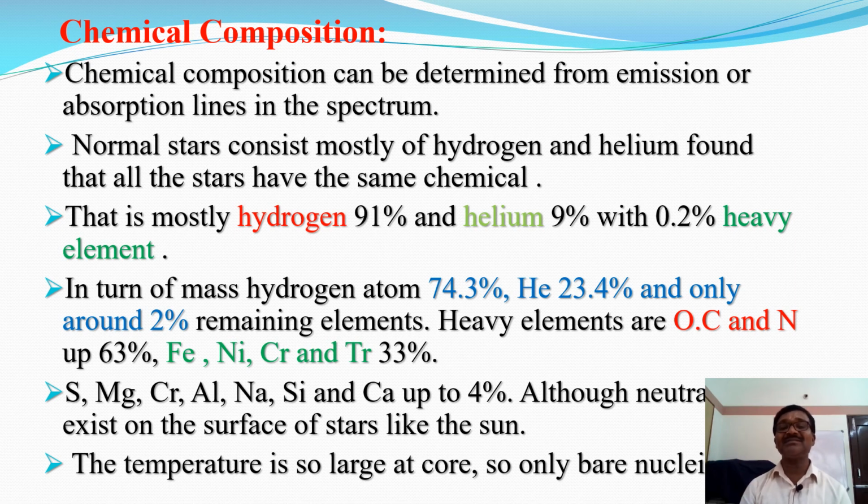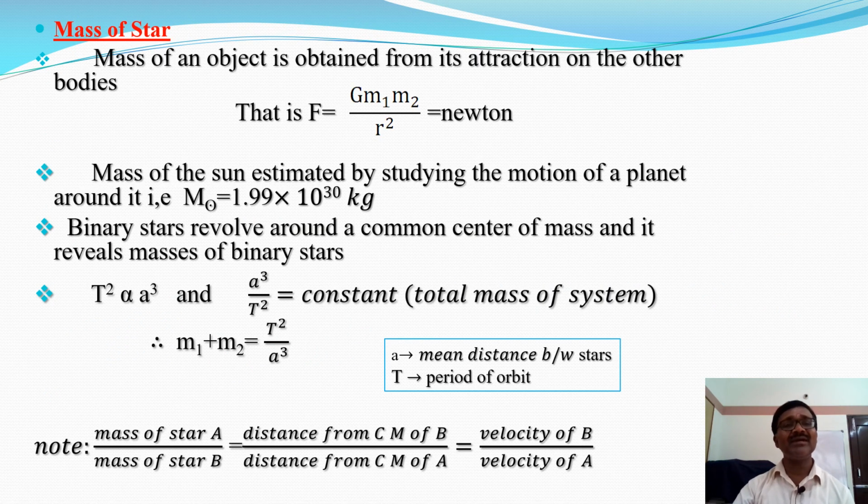All these exist as neutral atoms on the surface of a star like the sun. As the temperature is so high at the core, only bare nuclei are present. Let me come to another important property, that is the mass of the star.